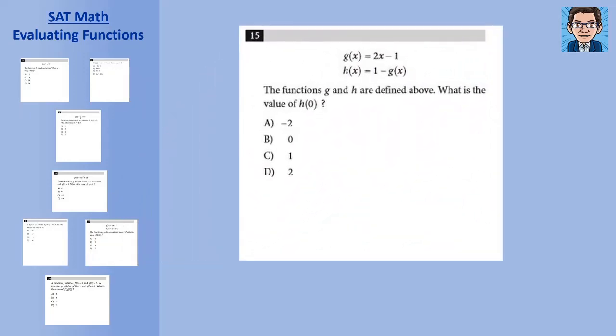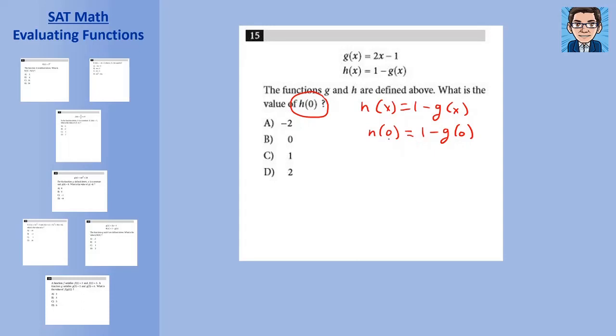All right, in this problem, we're dealing with two different functions. So we want to find h of 0. So if we have h of x equals 1 minus g of x, so h of 0 equals 1 minus g of 0. All we did was plug in 0 for x.